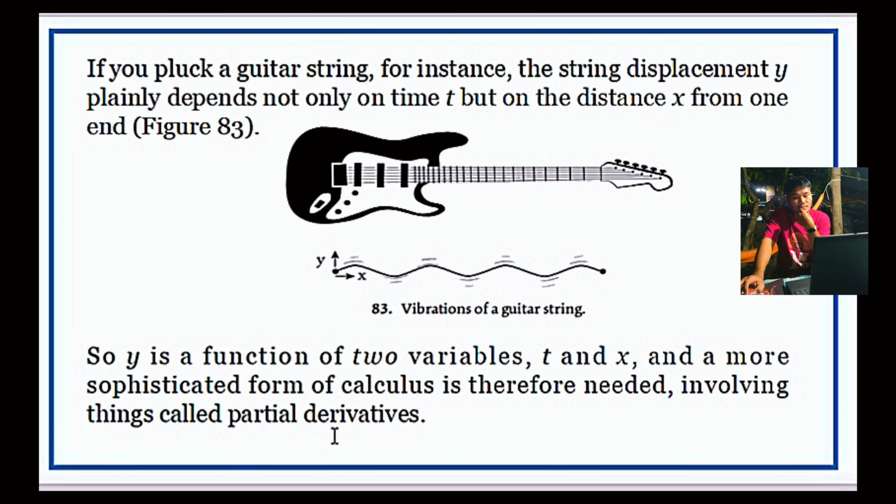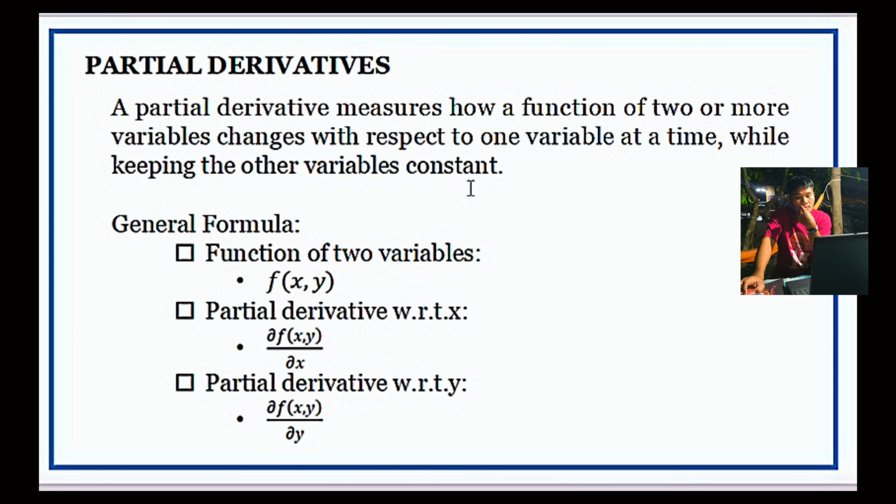So what is a partial derivative, by the way? A partial derivative measures how a function of two or more variables changes with respect to one variable at a time, while keeping the other variables constant. For example, temperature depends on the location and the time.